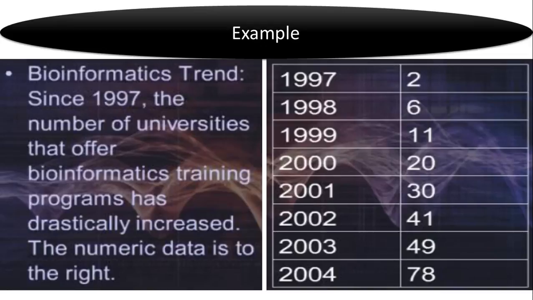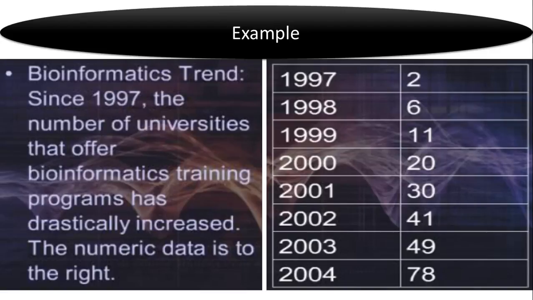So you can see the different figures related to bioinformatics trends in such universities. That's the data that are given at the right of your screen. For each year, you have the figure representing the number of universities offering training in bioinformatics.